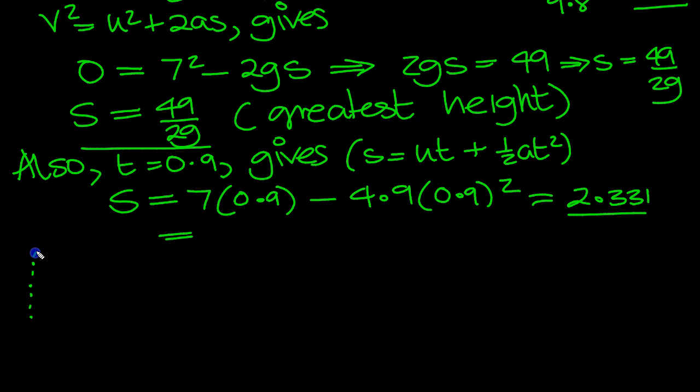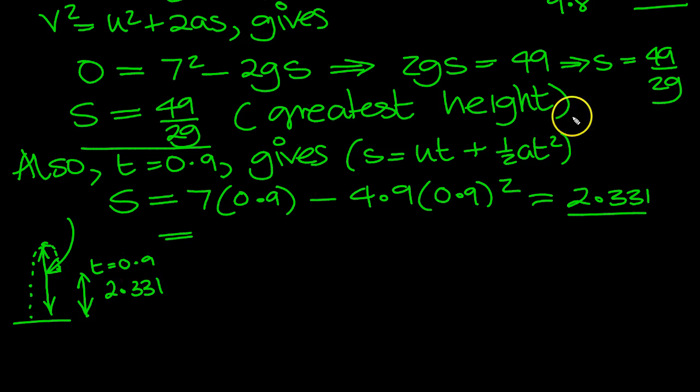So basically the particle goes up to its highest point and then it turns and comes back down. This height here is 2.331 when t equals 0.9. But the height here, which we worked out before, was equal to 49 over 2g.